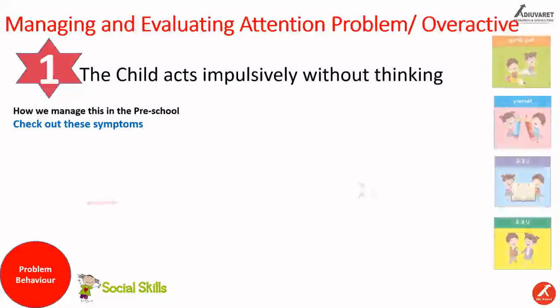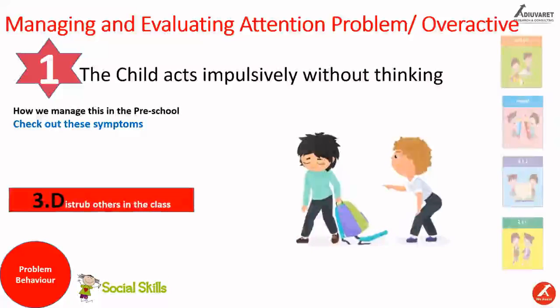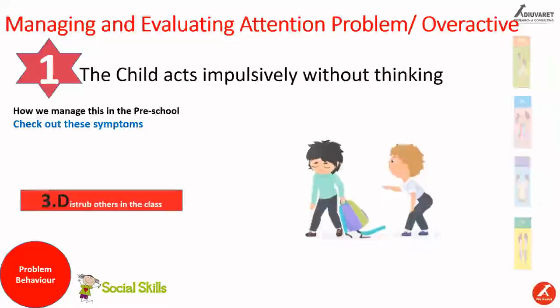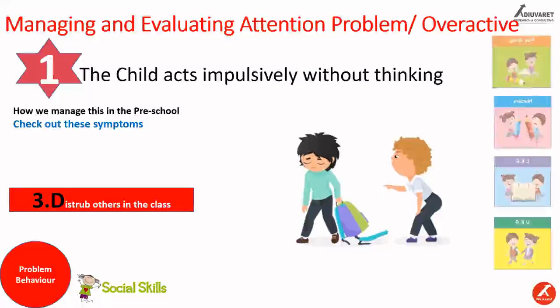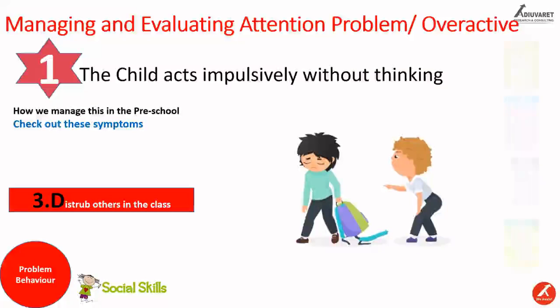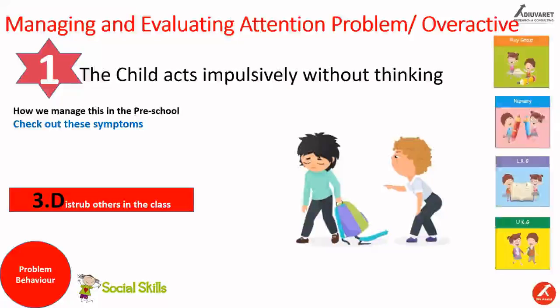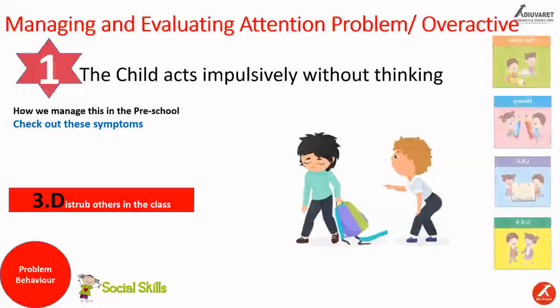Now moving to the third D. The third D talks about disturbing other children in their vicinity. If a child is in a group or with a couple of other children and some of the children's habit is to create nonsense or create problems for others, it could be of any kind.